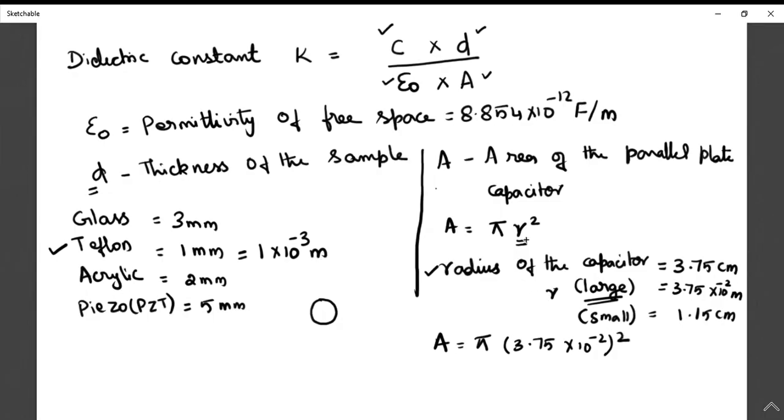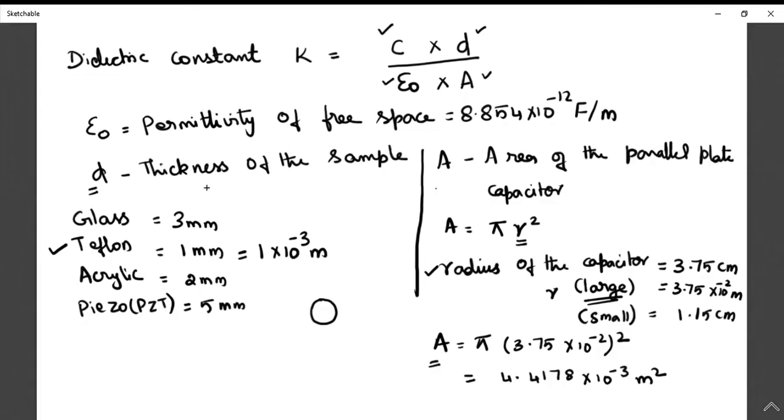By substituting this value, you will get 4.4178 into 10 to the power of minus 3 meter square. So this is the A value.